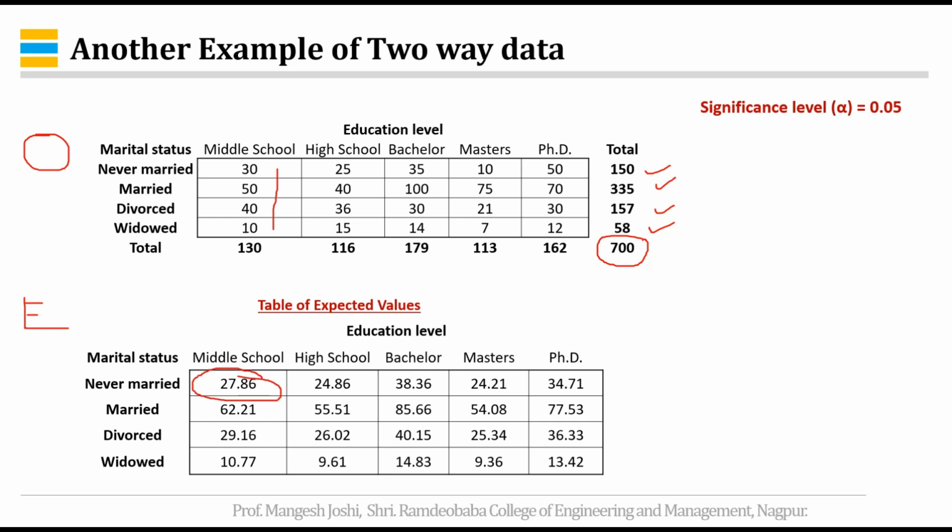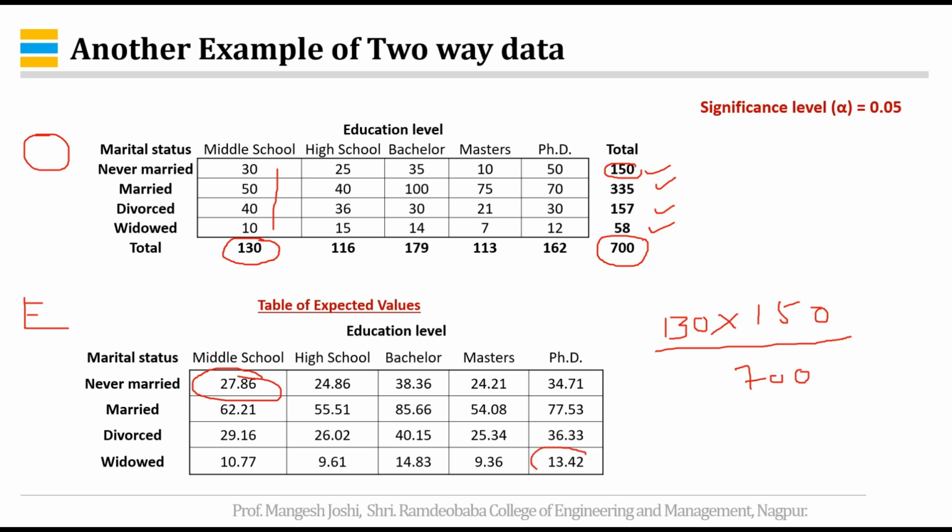The procedure will be like 130, that is the column total, 130 multiplied by the row total, that is 150, divided by the total count, meaning 700. So in this way we have calculated all the values.